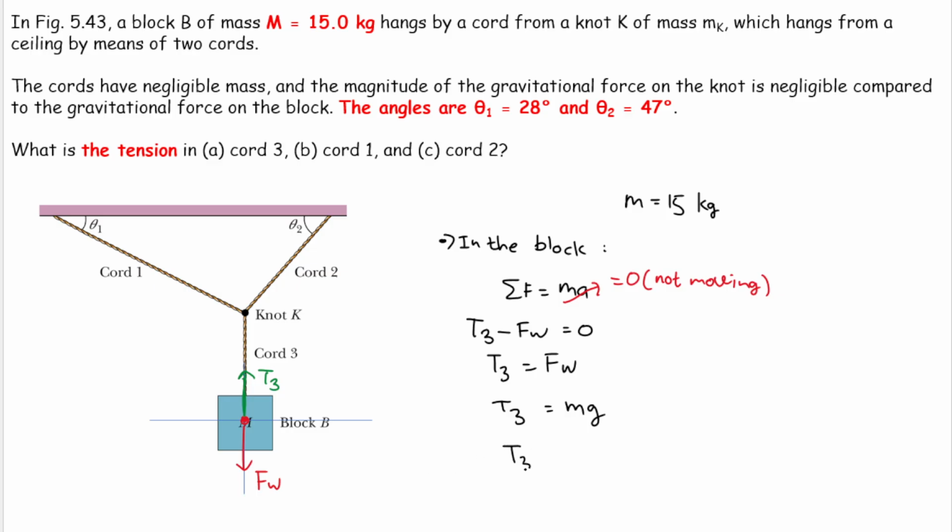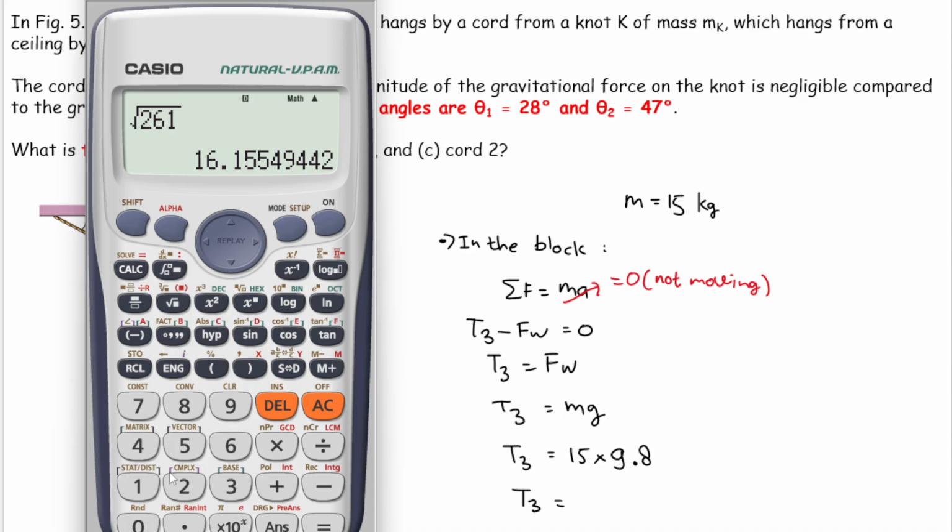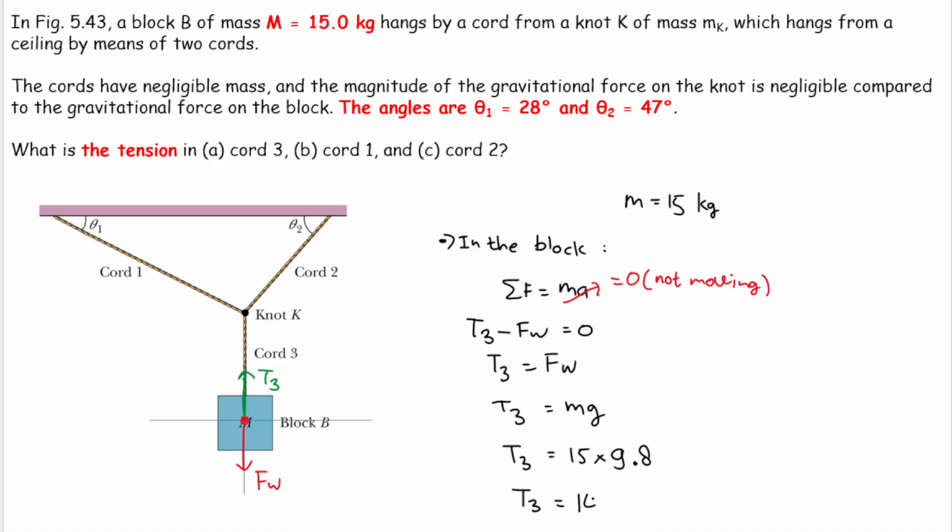So we'll have T3 is equal to 15 times the gravitational acceleration, which is 9.8 meter per square second. So we will have our value of T3 here. I think we will use a calculator for that. We have 15 times 9.8, and I will have 147 Newton. 147 Newton, and that is for T3.